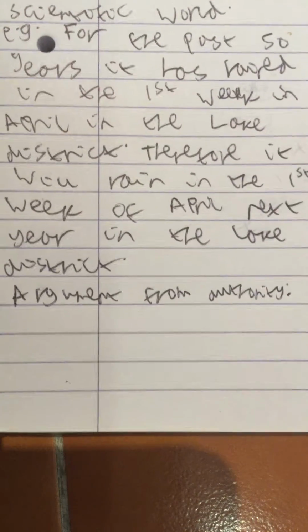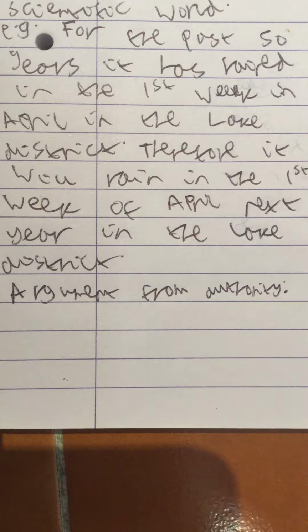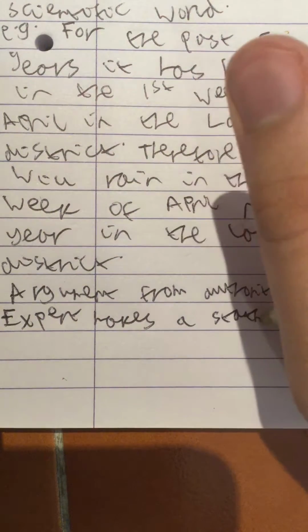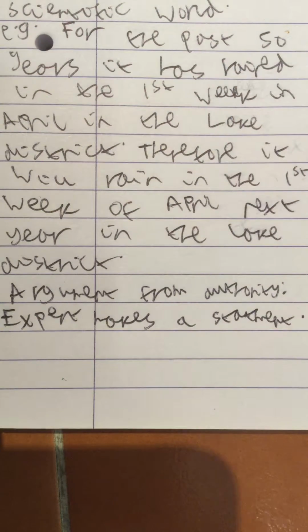Alright, so what's an argument from authority? Right, an argument from authority is where an expert in a particular field or subject or something like that makes a statement or opinion, if you like. Right.